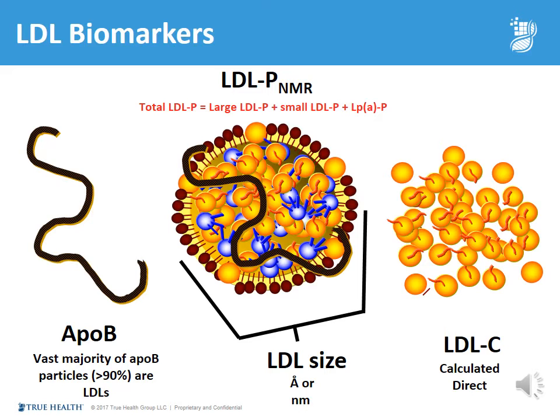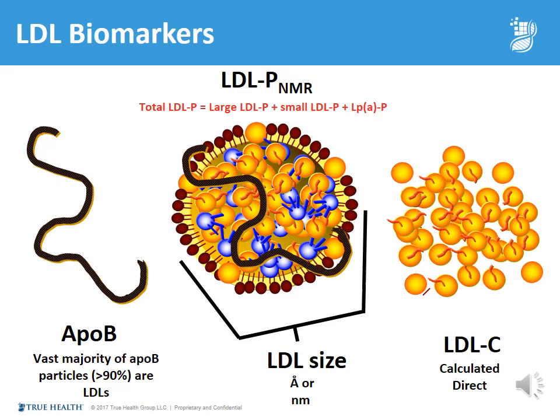There is one apolipoprotein B on every LDL particle, and because of its long half-life, LDLs make up the overwhelming majority of apolipoprotein B containing particles. So ApoB is in essence an LDL particle count. ApoB tells you very little about other types of ApoB particles such as VLDLs or IDLs because there are so few of them.